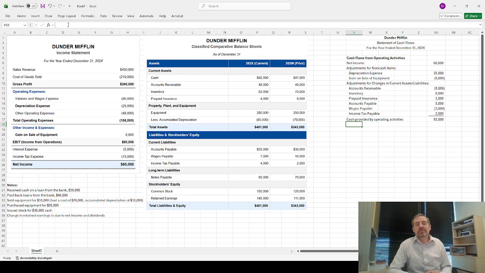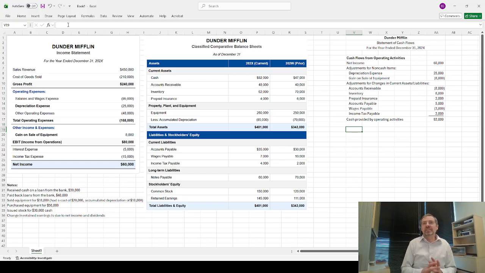Again, the wording can change a little bit from company to company, statement to statement, but the wording usually is something like this, where it's provided by or cash used by that certain activity.